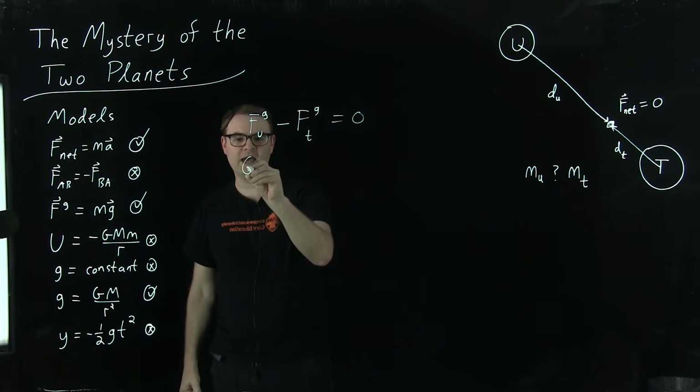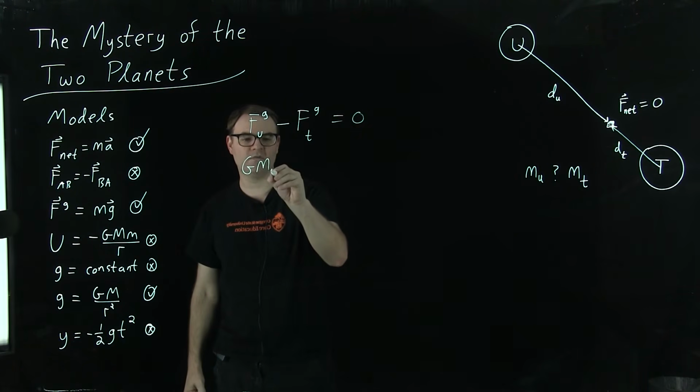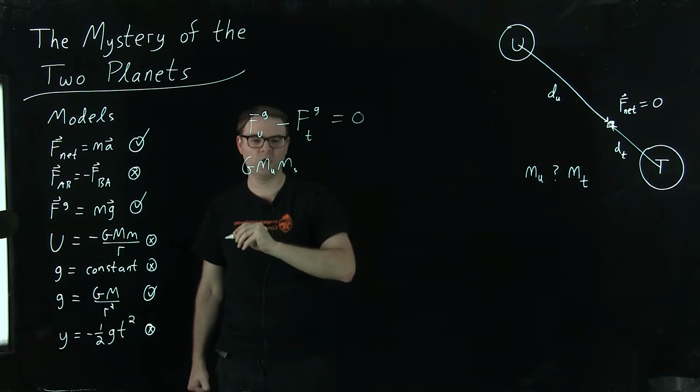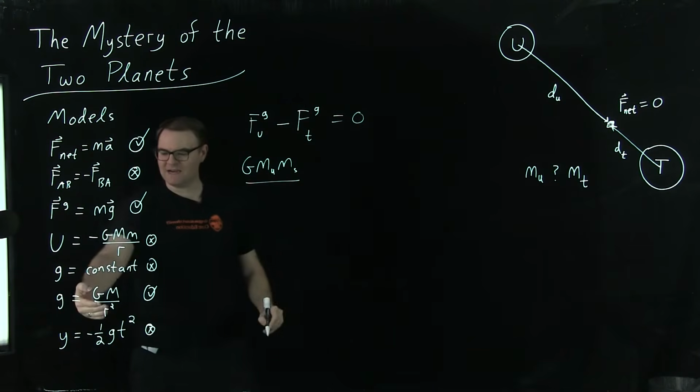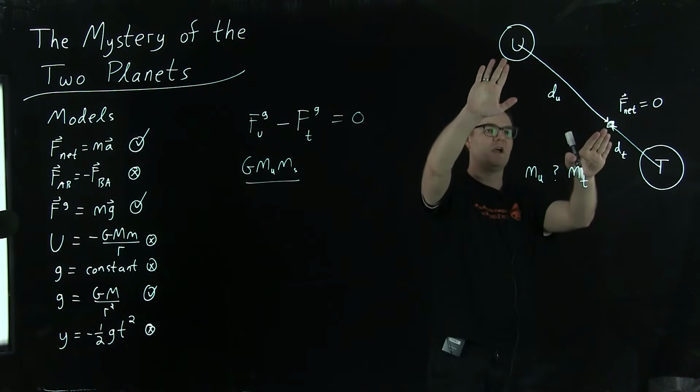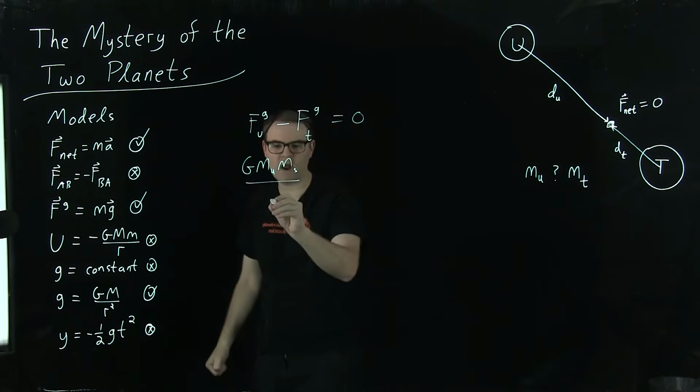That's going to be capital G, the mass of Ursula, times the mass of the spacecraft, which I'll just use ms for, divided by, I'm going to need here the distance between the center of Ursula and my spacecraft, which is du, and I need to square that.